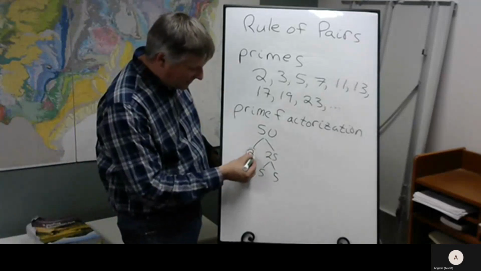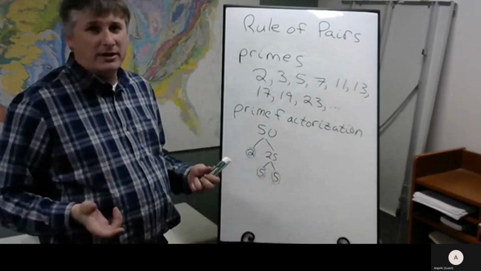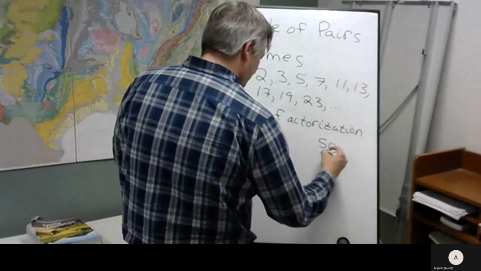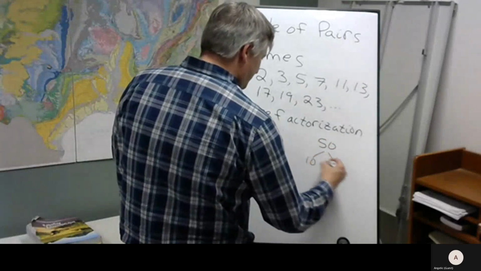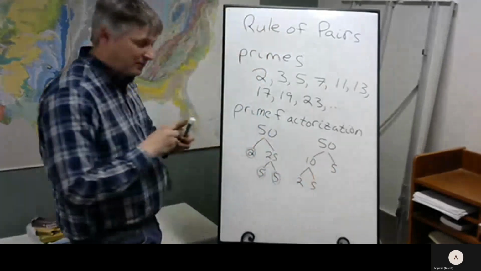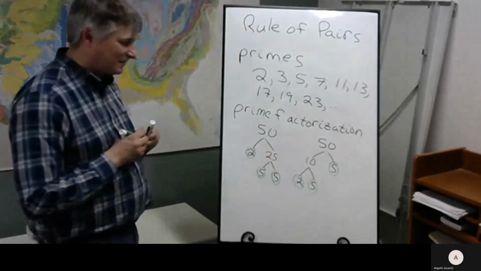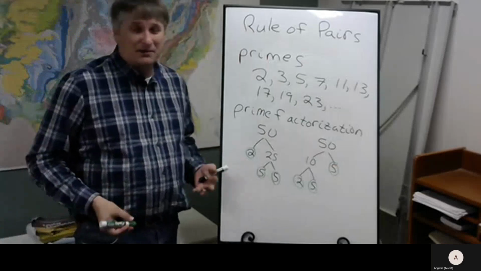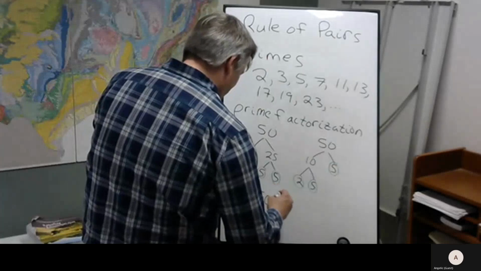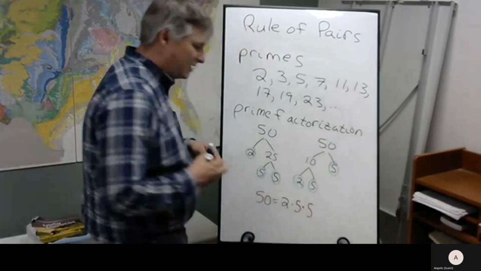And you're going to keep breaking the number down until you get just prime numbers. And you can break it down different ways, but you're going to get the same result. So this could have been 10 times 5. This would be 2 times 5, and still a 2, a 5, and a 5. So there are different ways of going about it, but you're going to get the same result. And what this result is that 50 is 2 times 5 times 5.